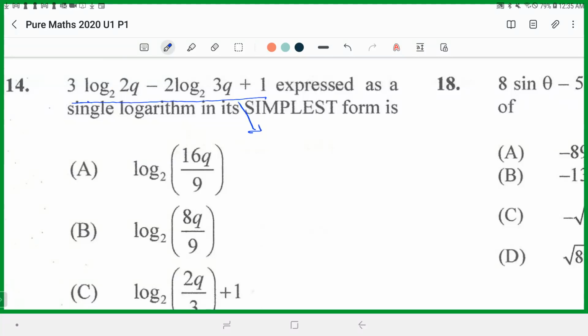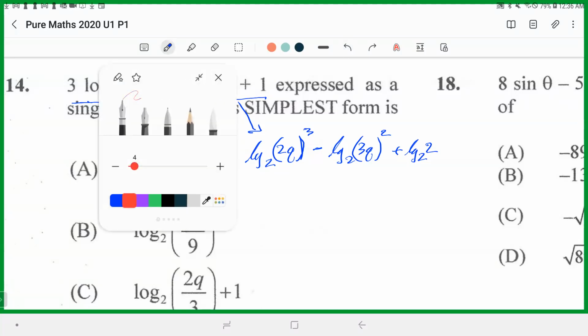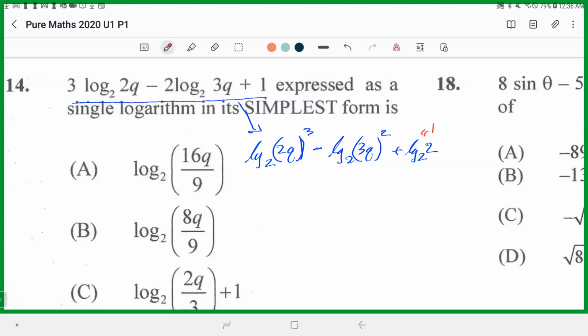So the expression here is going to become log to base 2 of 2q all cubed, minus, this 2 going up here again, log to base 2 of 3q all squared. And then this one is the same as plus log to base 2 of 2, but this is equal to 1. And then when you subtract, you divide the numbers.